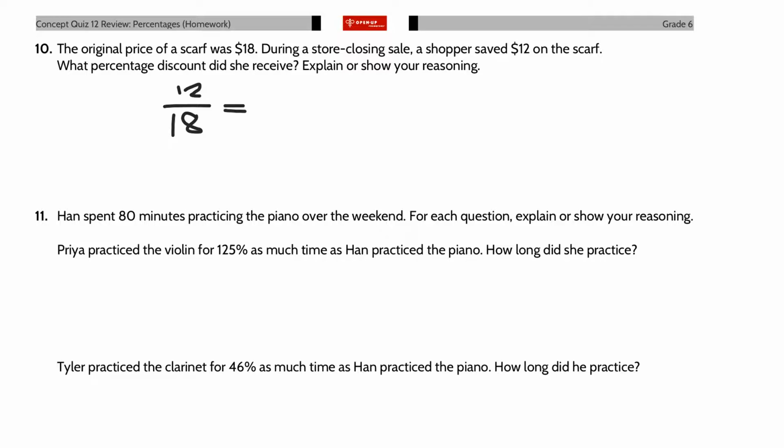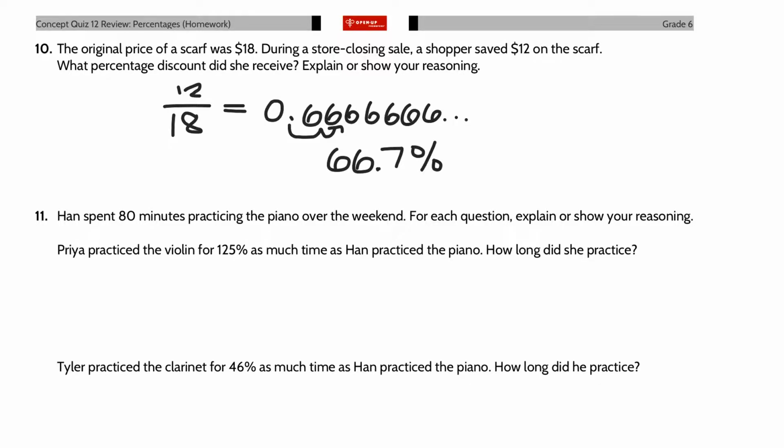And so if we were just to take literally 12 and divide it by 18, 12 divided by 18 is 0.666666, and it goes on forever, right? And so this would be, if we move that decimal place over 2 times, a 66 point, and let's just go 7% discount if we round up.